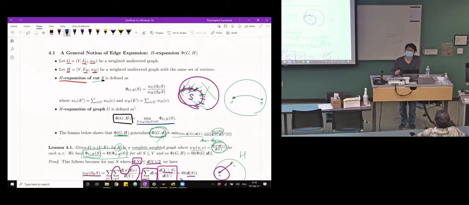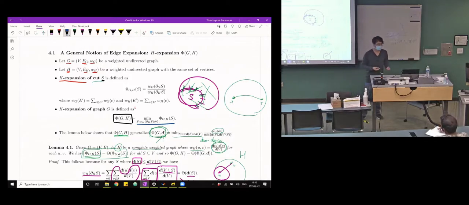There's no relationship between the set of H and G at all. Think of G as a graph that you want to check the conductance, or the connectivity, of. And H is a graph that defines what it means to be connected.